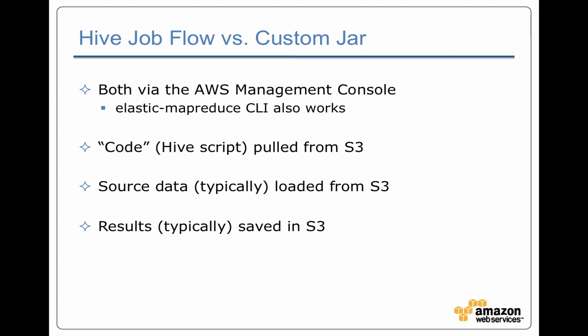The data in both cases often comes out of S3, though it doesn't have to, and the results typically wind up again in S3. Though if you look, for example, at the running a data warehouse using Hive tutorial that's available online, in that case I believe it's actually writing results into SimpleDB versus saving them in S3.